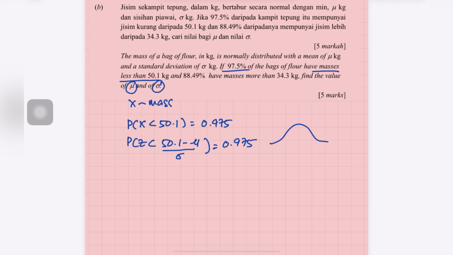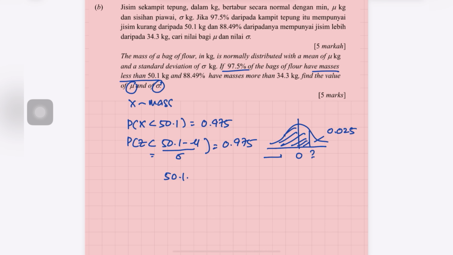So we draw the graph. Measured from the left, 0.975 is more than 0.5, so it overshoots. So this is 1 minus 0.975, which is 0.025. So we need to find its z-score.